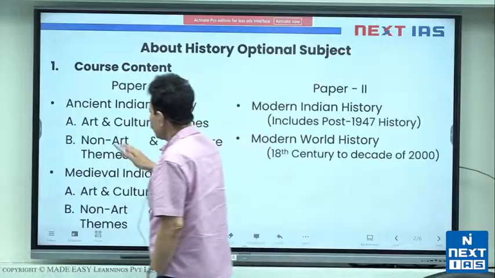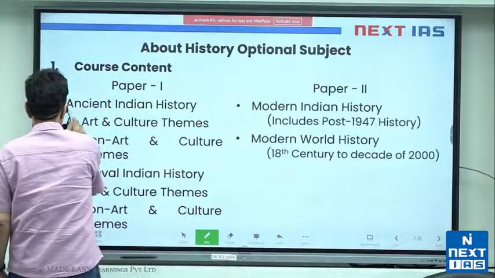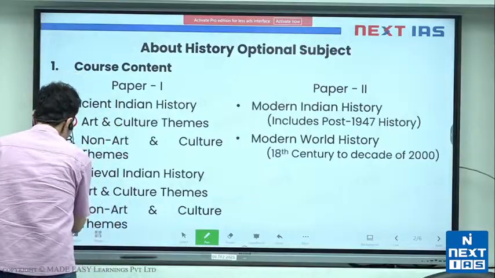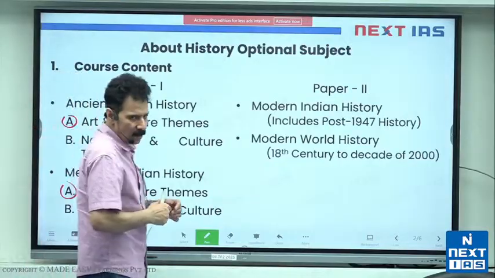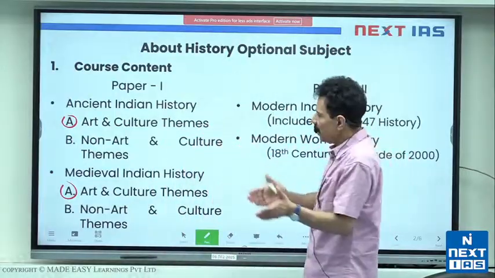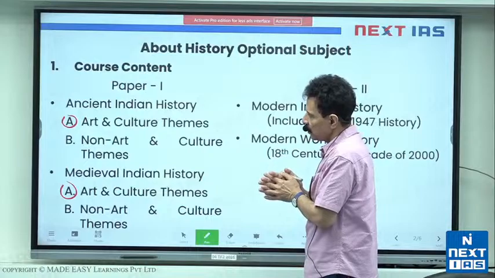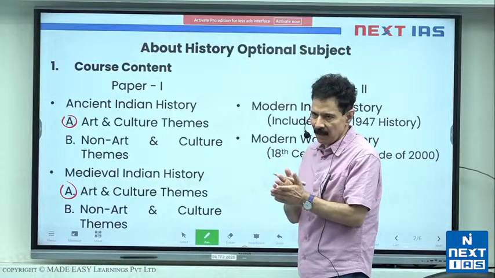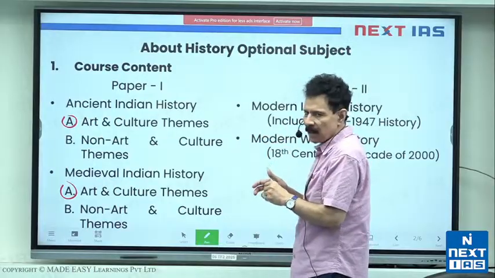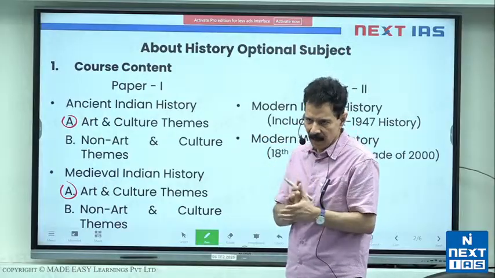If you separate A under ancient Indian history and A under medieval Indian history, you prepare separately art and culture themes, ancient and medieval Indian history. And that is a major part of art and culture in GS as well.